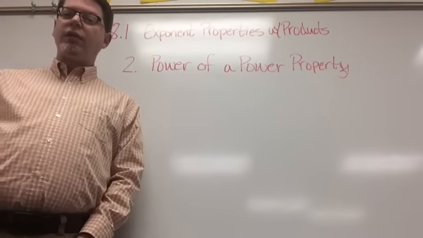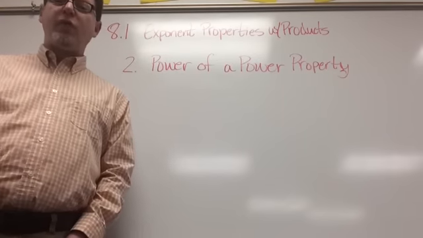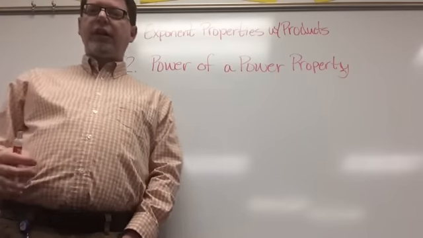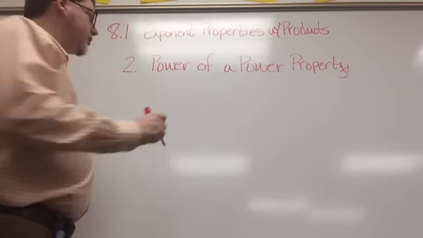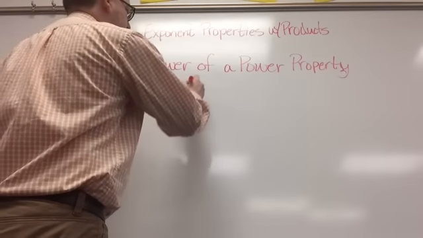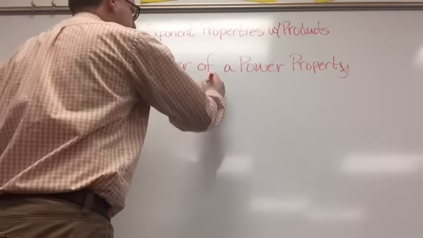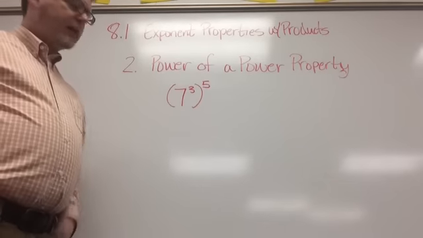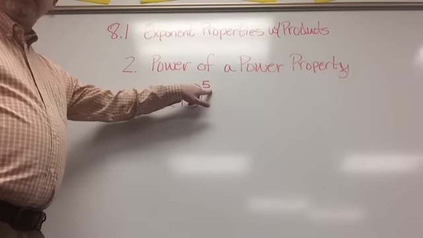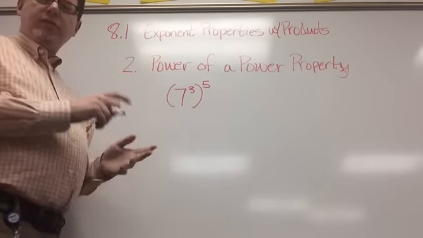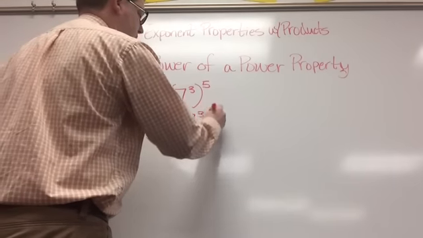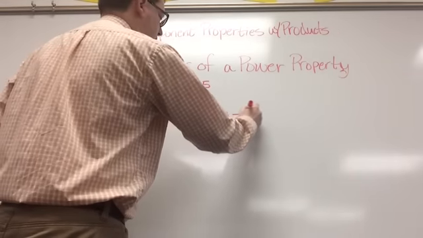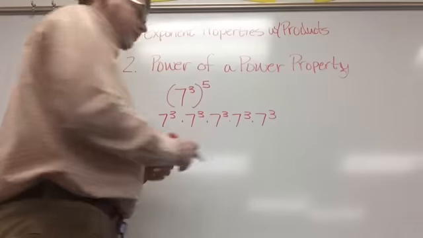The next property we're going to look at is called the power of a power property. So we're going to look at how we would solve powers of powers. The first example is 7 to the third raised to the 5th power. Let's write that out: 7 to the third times 7 to the third times 7 to the third times 7 to the third times 7 to the third.